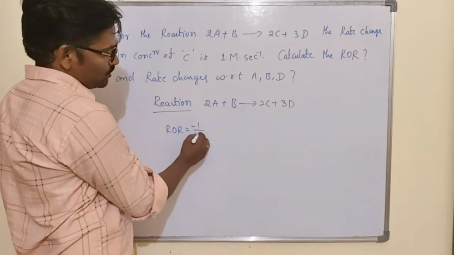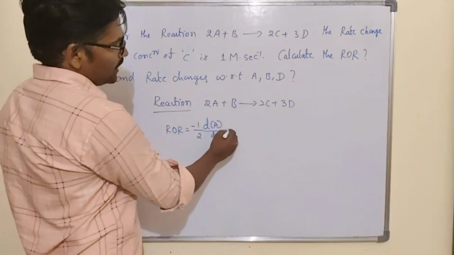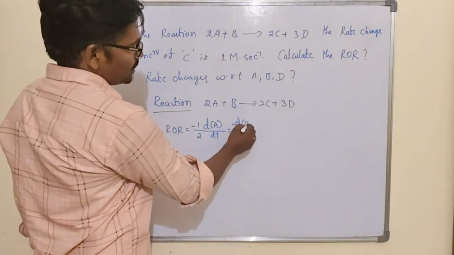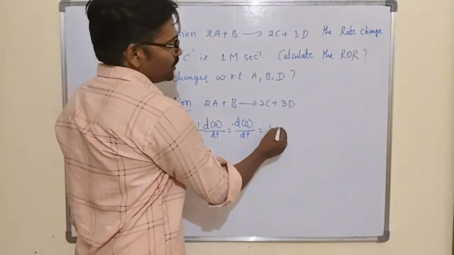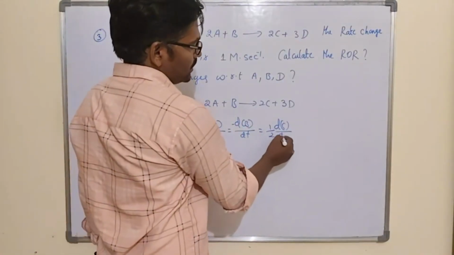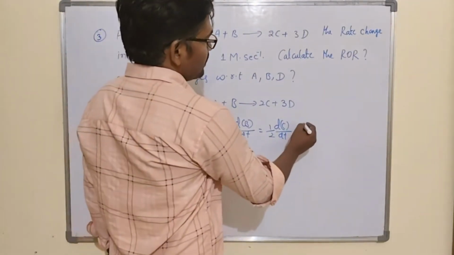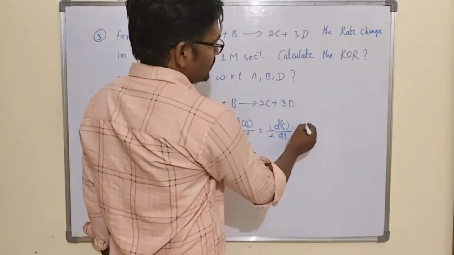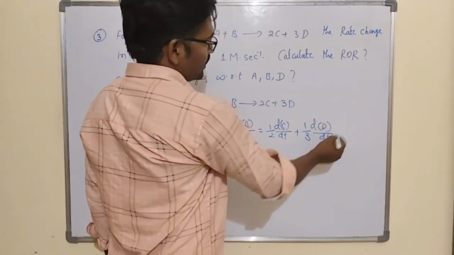So that is minus 1 by 2 into d[A]/dt equals minus d[B]/dt equals 1 by 2 into d[C]/dt equals 1 by 3 into d[D]/dt, like this you can get.